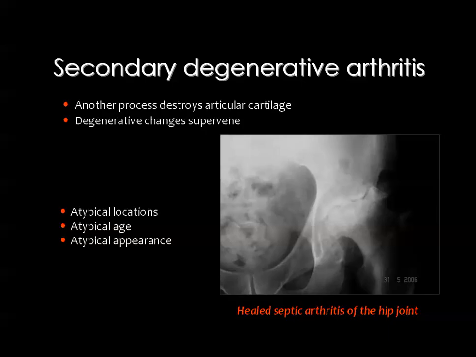Then, if you see osteoarthritis in a young adult, you may suspect this. And also you see an uncommon location like that of the shoulder, as I have said before. And of course the appearance is usually atypical in terms of absence of significant osteophytic lipping, and also you get severe abnormalities in the bone secondary to the previously existing disease.